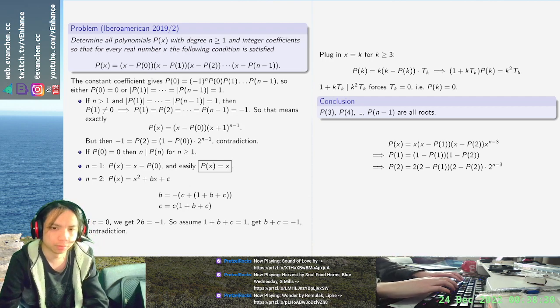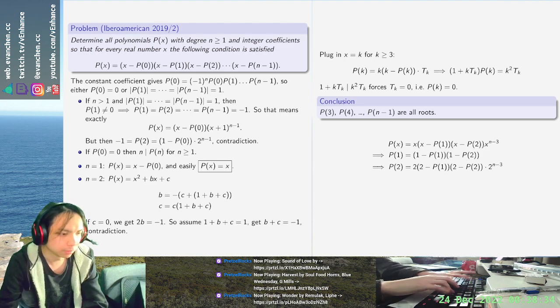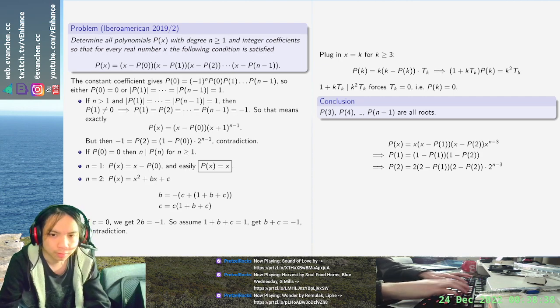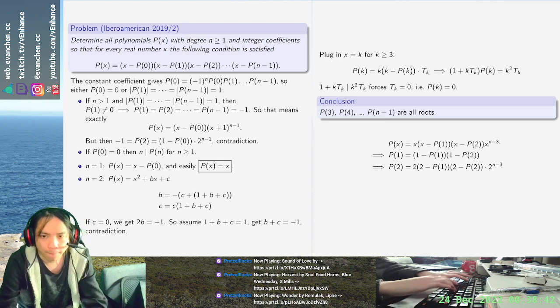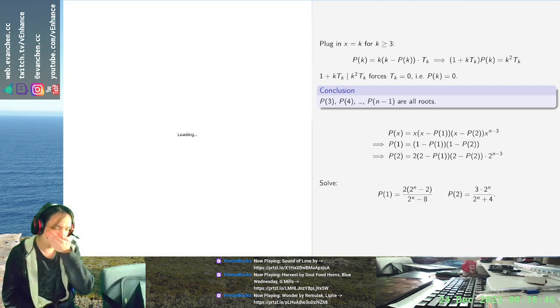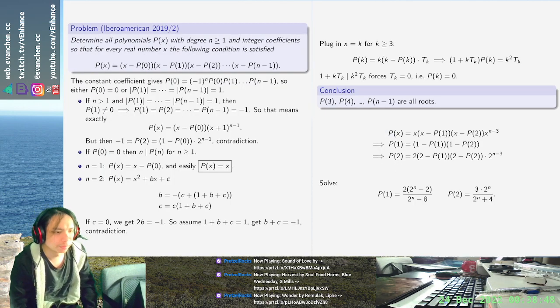Okay, so solve, and what you will get is p of 1 is equal to 2 to the n minus 2 over 2 to the n minus 8, 2n plus 4. So I guess if n equals 3 exactly, you just get a contradiction.